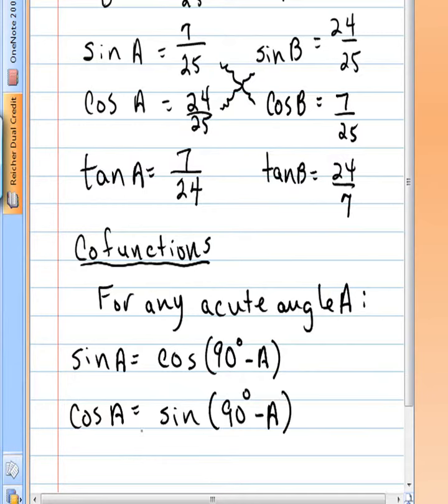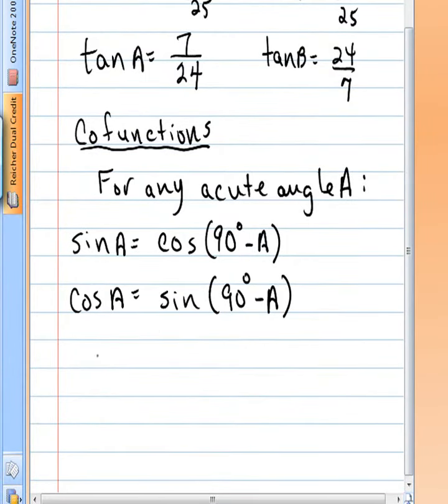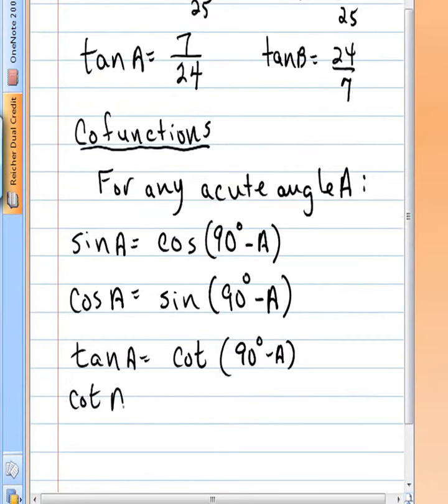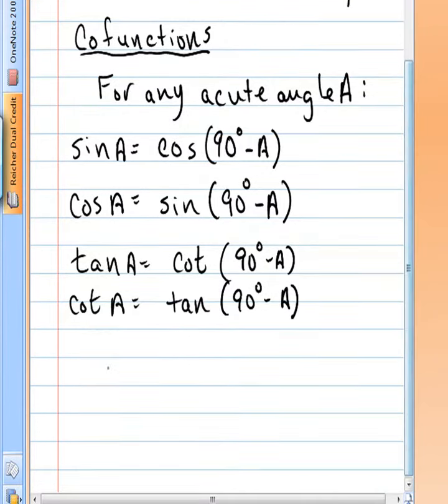And so sine and cosine are cofunctions. Tan and cotan: tan of A is equal to the cotan of 90 degrees minus A. Cotan A is equal to the tan of 90 degrees minus A. And we could do cosecant and secant as well.